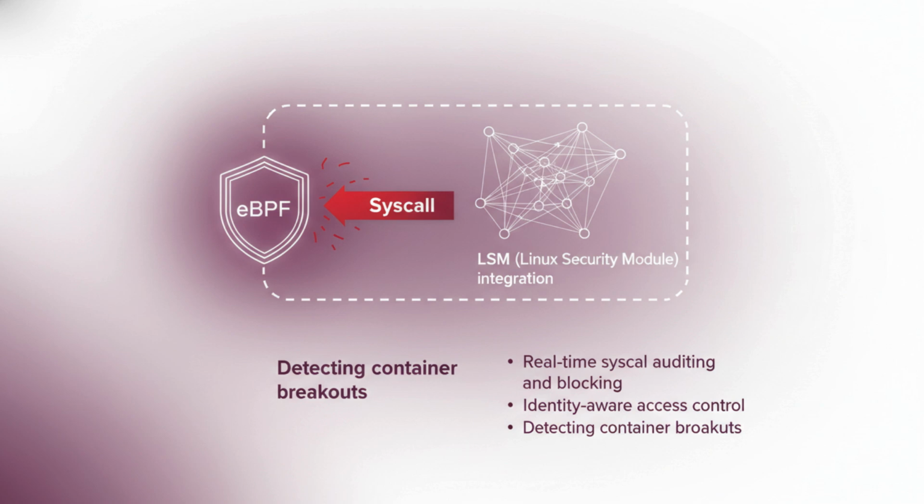For example, an eBPF program can detect a container trying to access a sensitive file it shouldn't have access to and kill the process instantly. This level of visibility into process behavior, file system access, and network activity allows for the implementation of zero trust at the kernel level, providing a robust defense against zero-day exploits and container escapes.